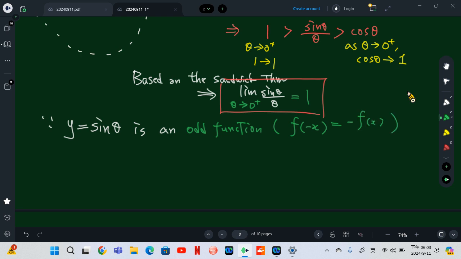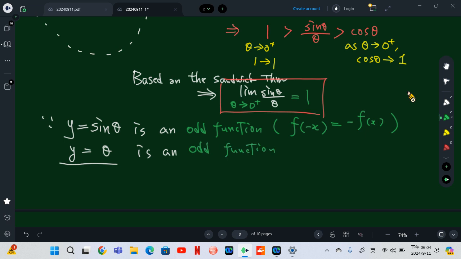Right? This is an odd function. And y is equal to theta, can you tell me this is an odd function or even function? Odd or even? Odd, also an odd function, right?